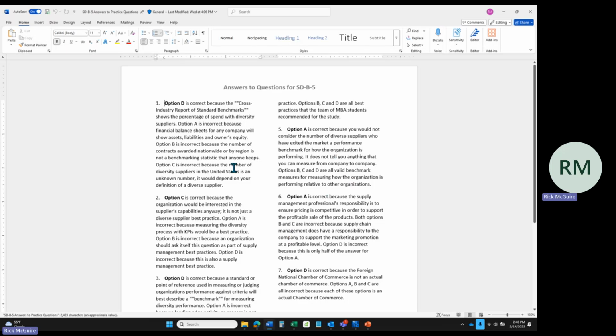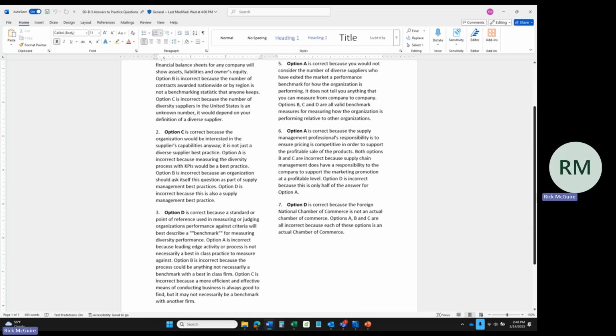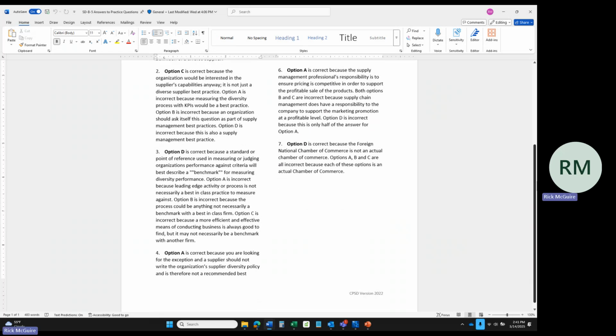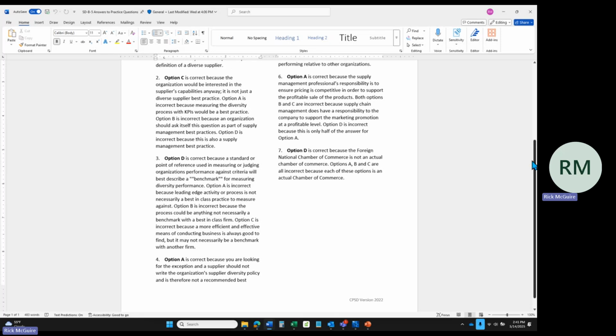All right, some answers here. Number one is Delta, cross-industry report of standard benchmarks. Two is Charlie, the organization would be interested in the supplier's capabilities. Three is Delta. Four is Alpha. We're looking for the exception: the supplier should not write the organization's supplier diversity policy.